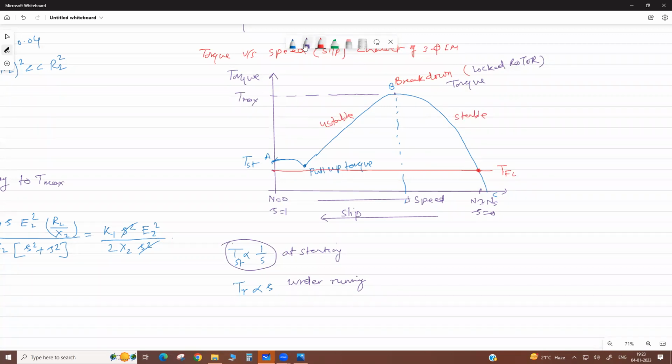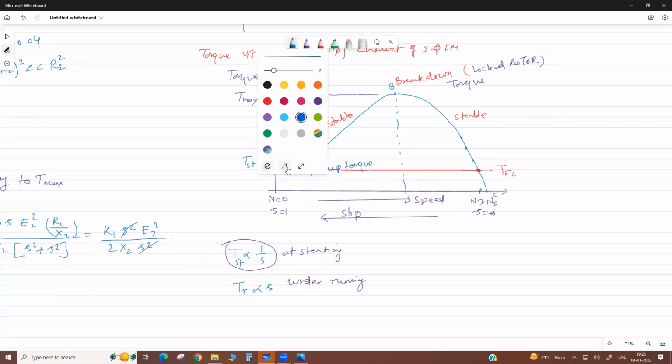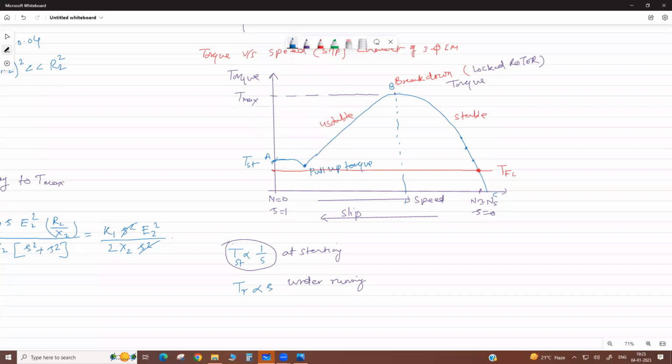So the motor operates in running condition between B and C, either here or here. When we increase the load on the motor, this curve shifts like this. Earlier, suppose the motor is operating here, then the speed is this.